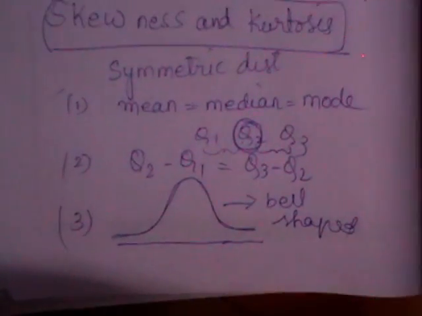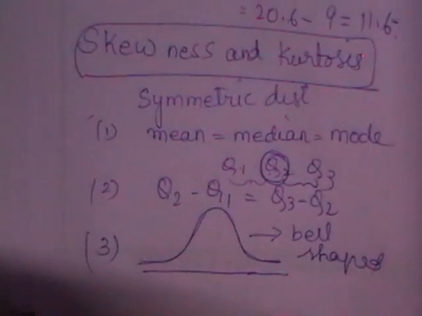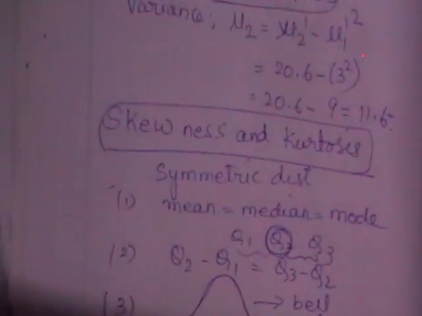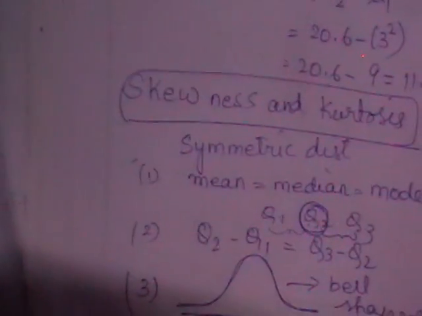To discuss skewness and kurtosis, first of all you should discuss symmetry. When do you call a given data a symmetric distribution?